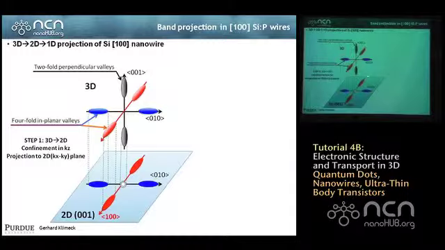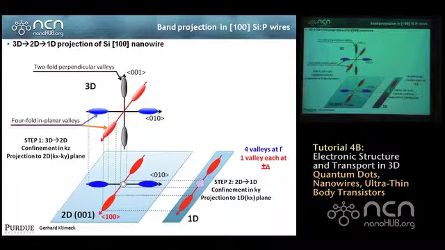So this projection you've seen from 3D into 2D Brillouin zone. And now you can quantize it one more time into a 1D Brillouin zone. And what happens is that you had 2 gamma points here and you have blue here again. They will quantize and get you 4 gamma point-like states and 1 delta point-like state.